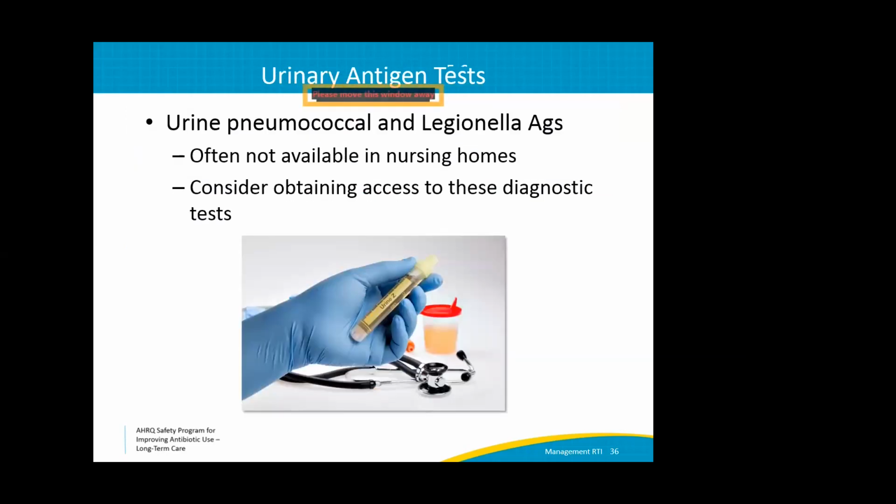Sometimes antigen testing is not available in post-acute facilities because of the cost or other difficulty with obtaining the materials or sending out to the correct lab. If it's not available at your facility, it might be worth looking into whether there's a way to change that, because these are extremely helpful tools when it comes to antibiotic management and antibiotic de-escalation.